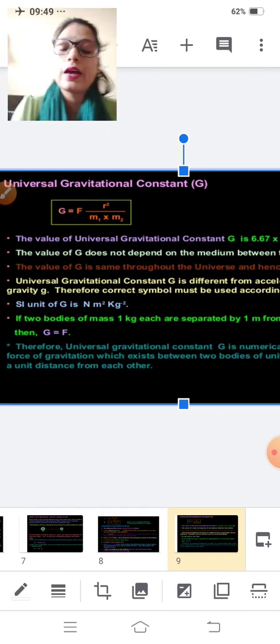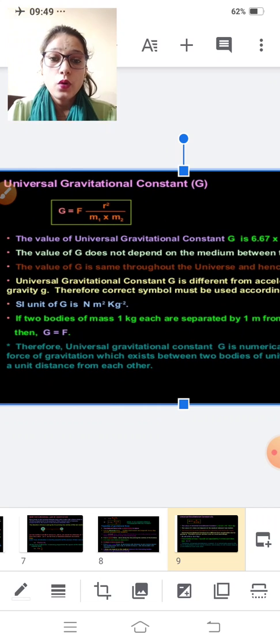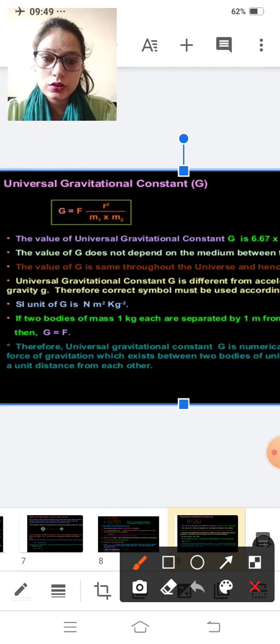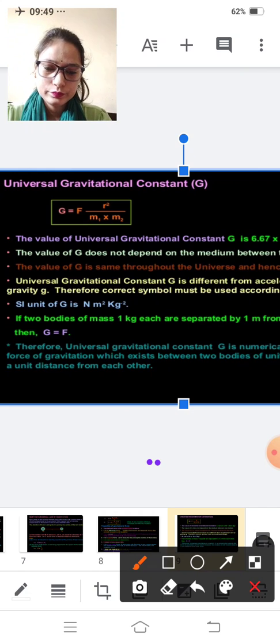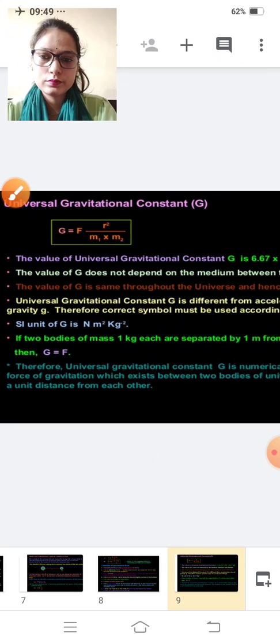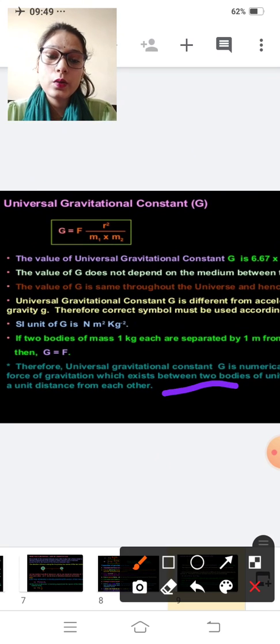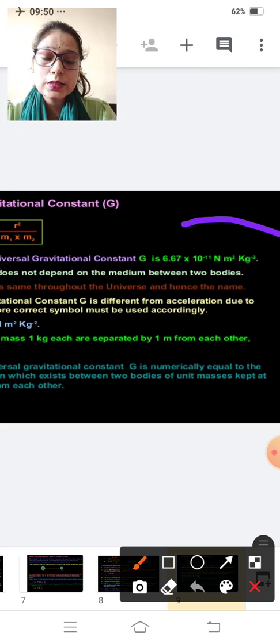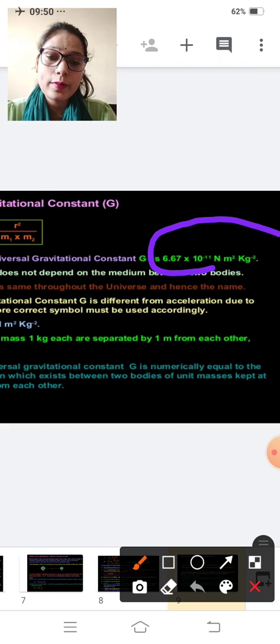Now, the universal gravitational constant G. What is the value of the gravitational constant? The value is 6.67 into 10 to the power minus 11.